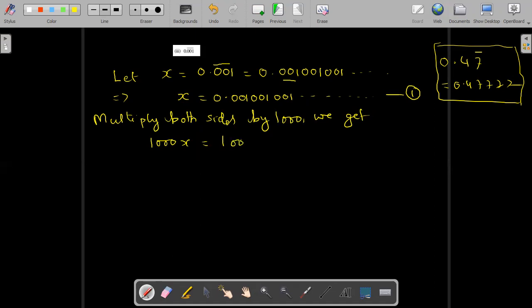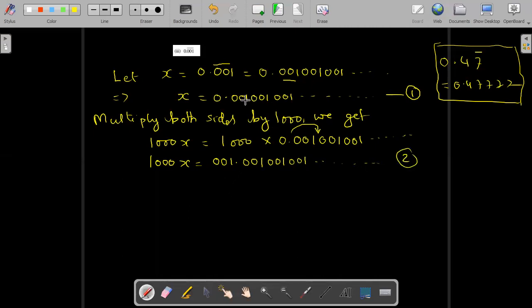When you multiply 1000 with 0.001001001 and so on, you get 1000x is equal to, on the right side the decimal will move, so we get 1.001001001. After the decimal, it is up to you how many times you write, 3, 4, 5, but you should always write 3 times.